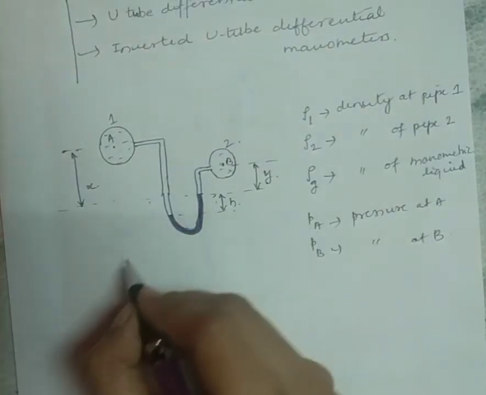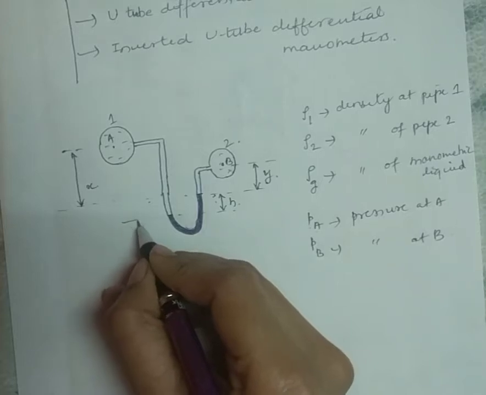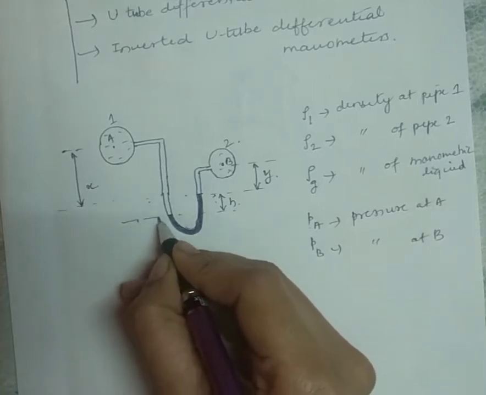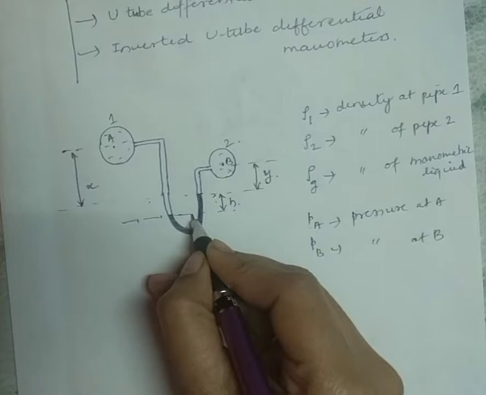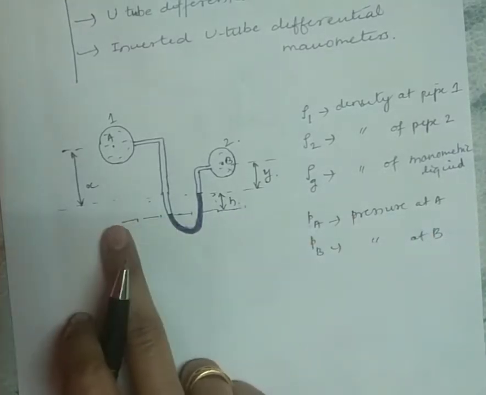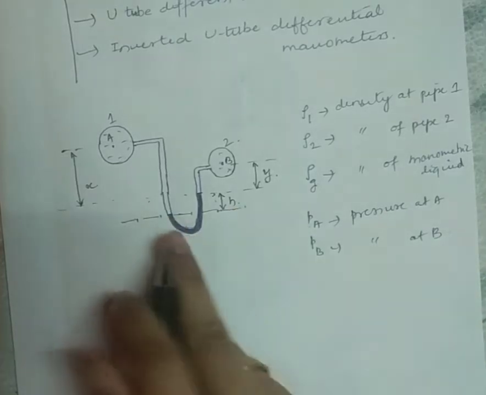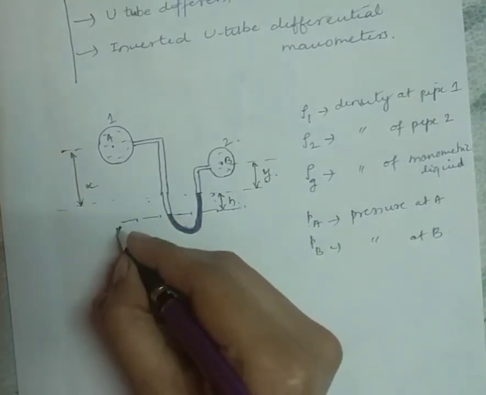First, draw the datum line. I am drawing the datum line at the lowest level limb, that is, here in this case the left limb. I am naming this as XX.